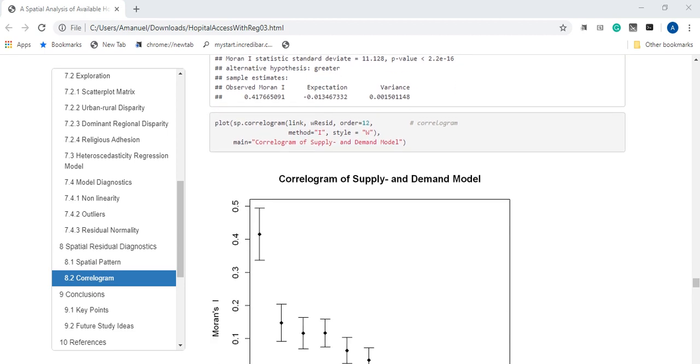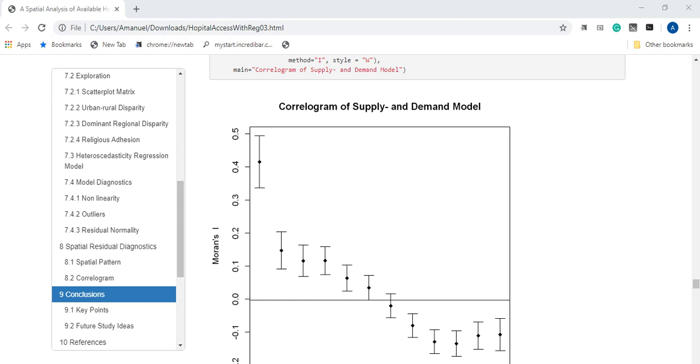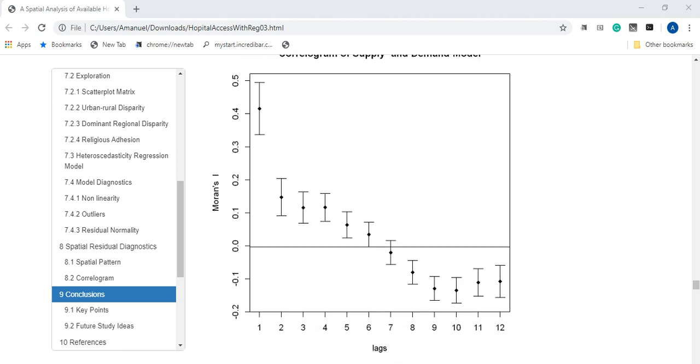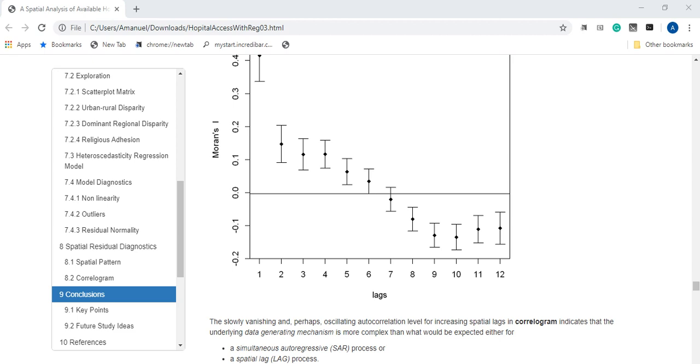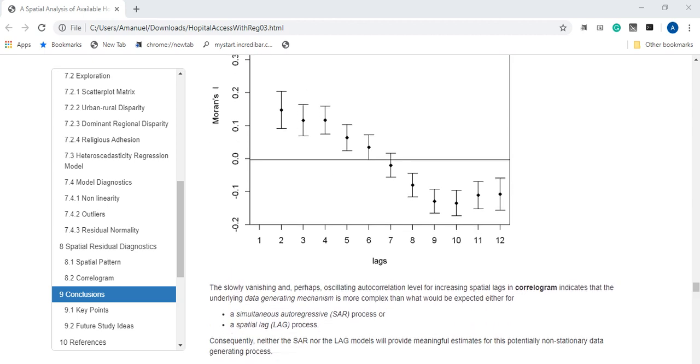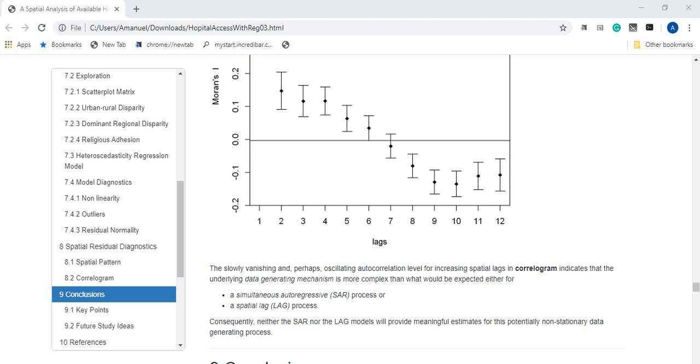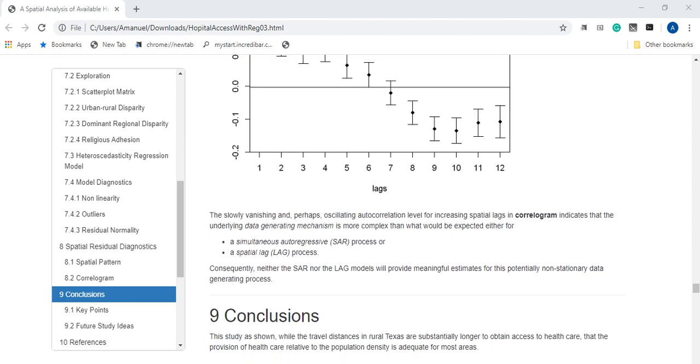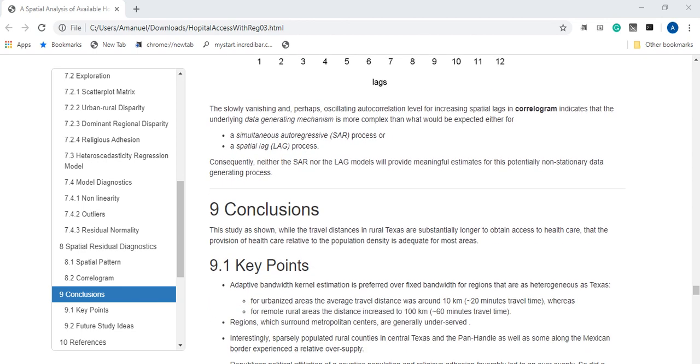The correlogram of supply and demand shows it is highly variant, which means it's not random, it's clustered. So the slowly vanishing and perhaps oscillating autocorrelation level for increasing spatial lags in the correlogram indicates that the underlying data generating mechanism is more complex than we'd expect, for either a simultaneous autoregressive process or a spatial lag.